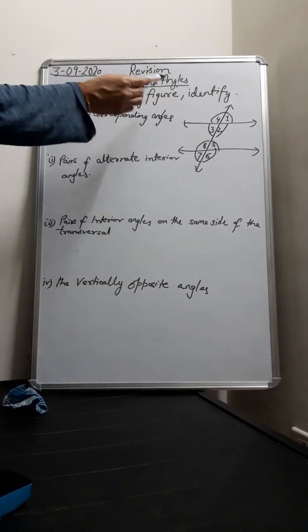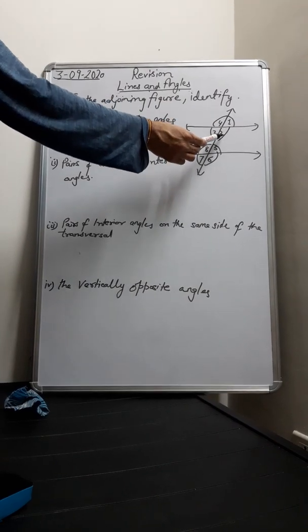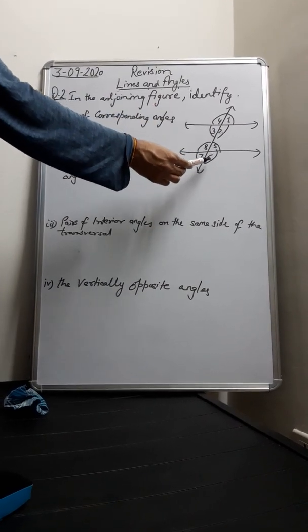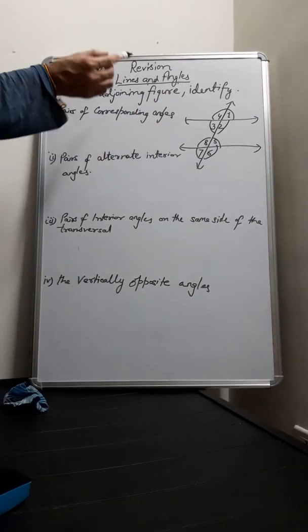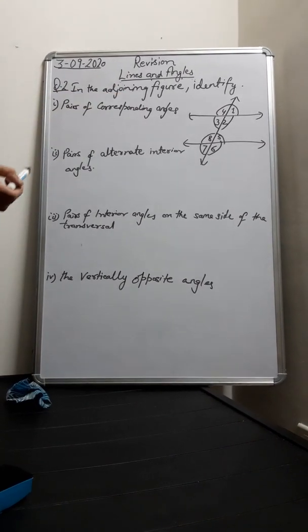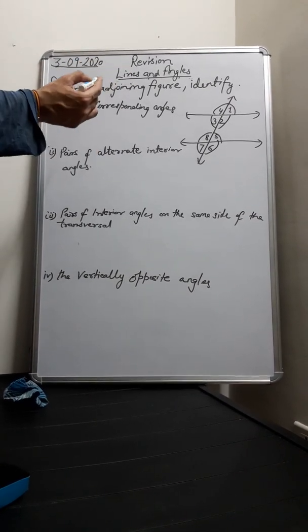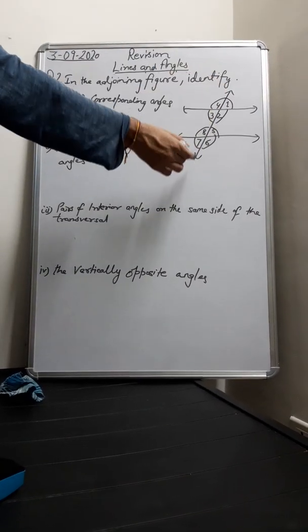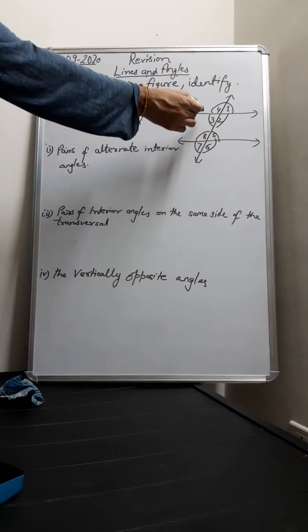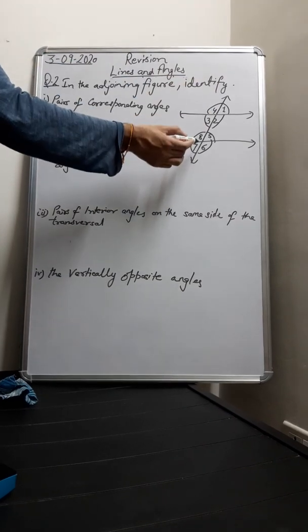So we have to identify the angles: angle 1, angle 2, angle 3, angle 4, angle 5, angle 6, angle 7, angle 8. First you have to answer pairs of corresponding angles. Corresponding angles are the angles which lie on the same side of a transversal, either above a line or below a line.